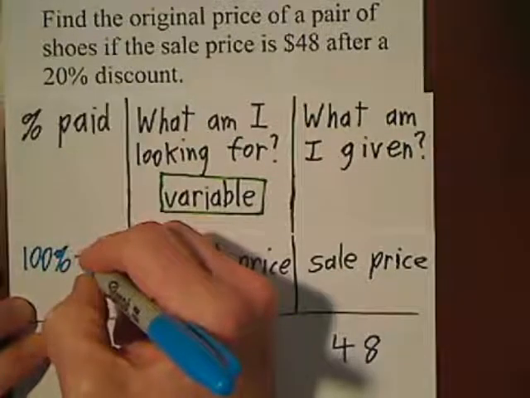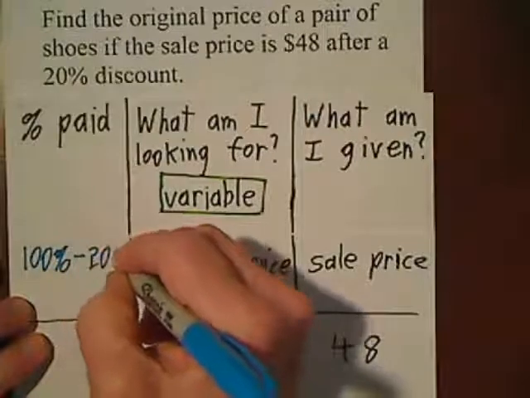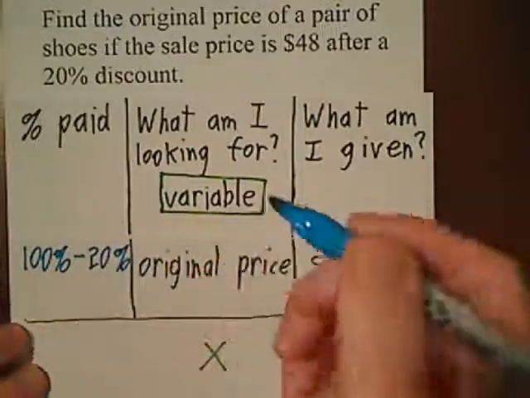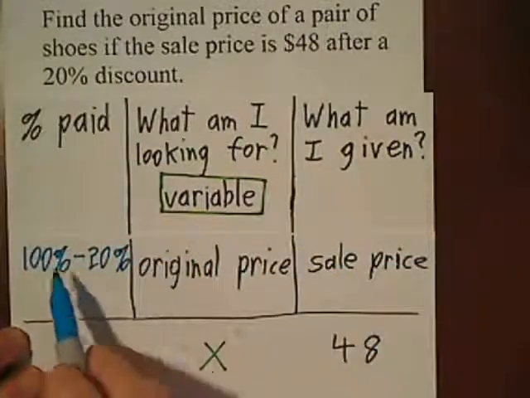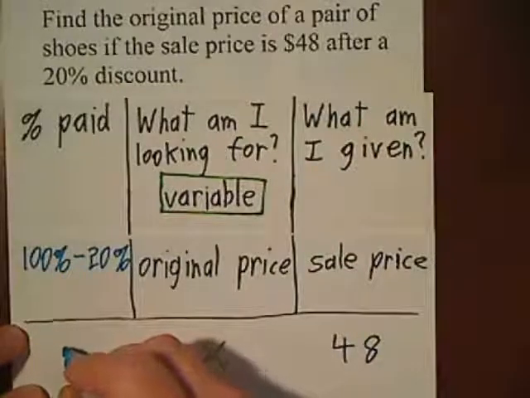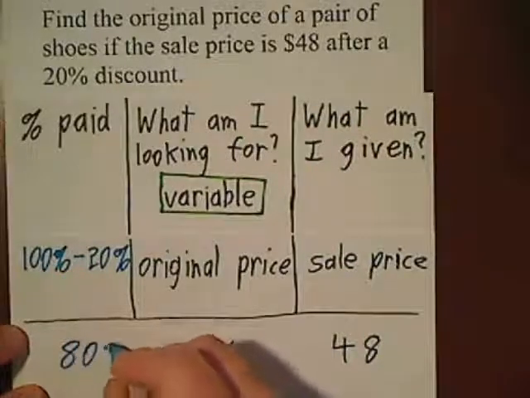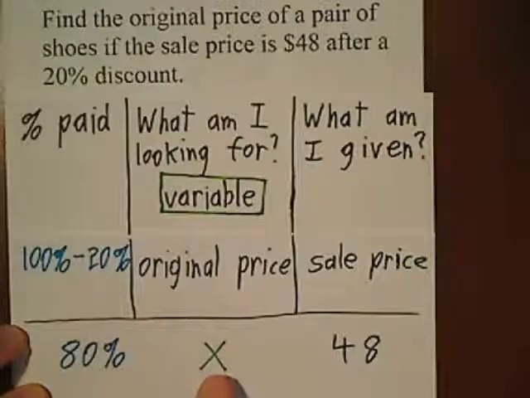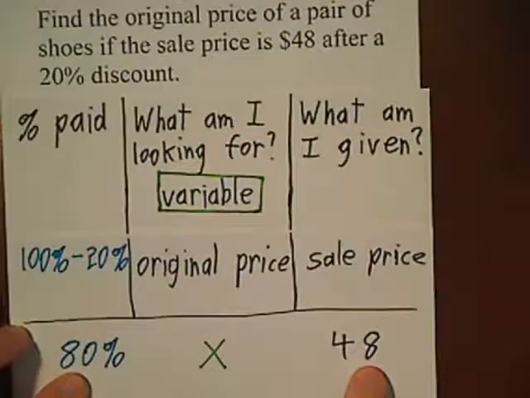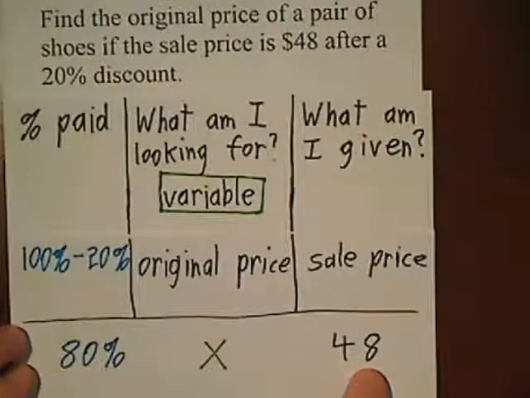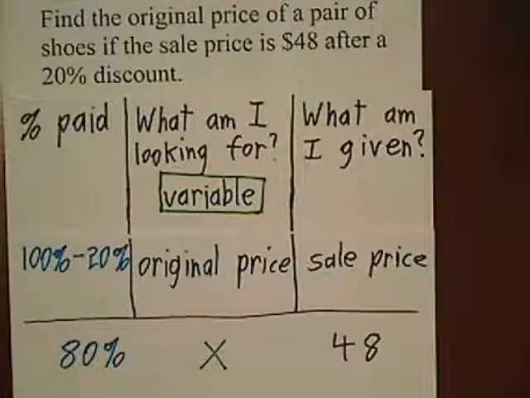But I paid 20% less. So that would be 100% minus 20%. I paid 80% of the original price, and I had to hand them 48 bucks. So now we have the basis for our algebraic equation.